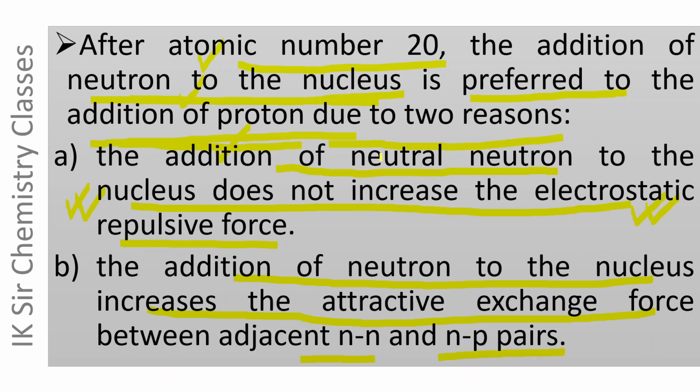The addition of neutron to the nucleus increases the attractive exchange force without increasing the repulsive electrostatic force. Therefore, after atomic number 20, the addition of neutron to the nucleus is preferred to the addition of proton.